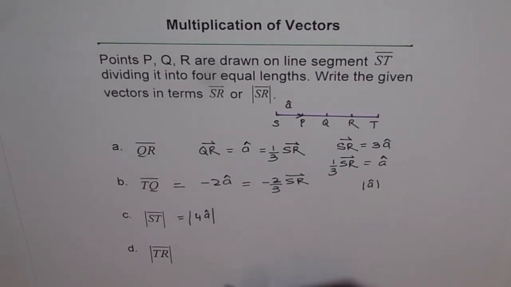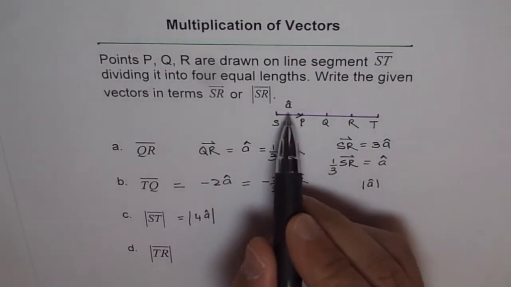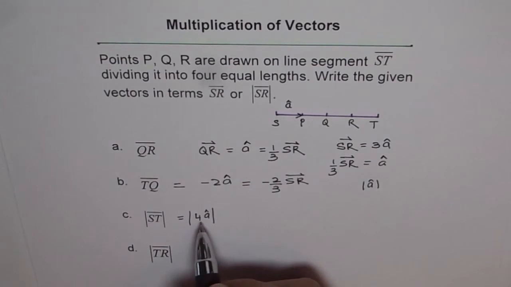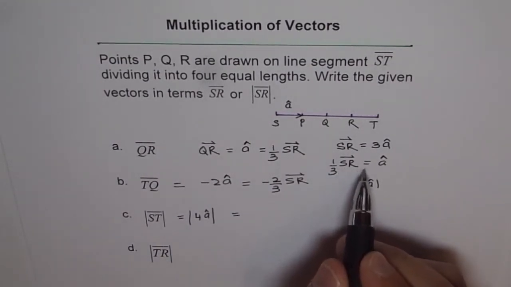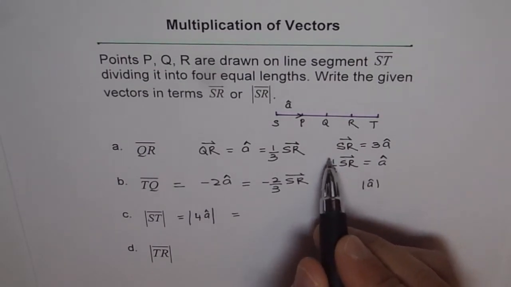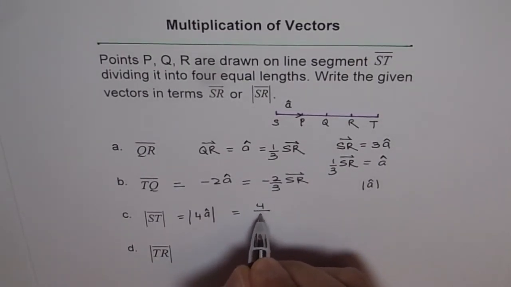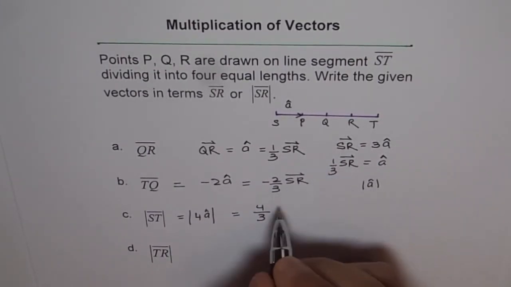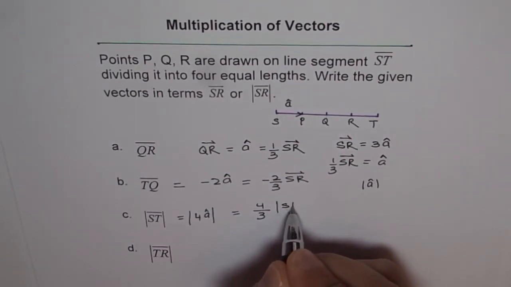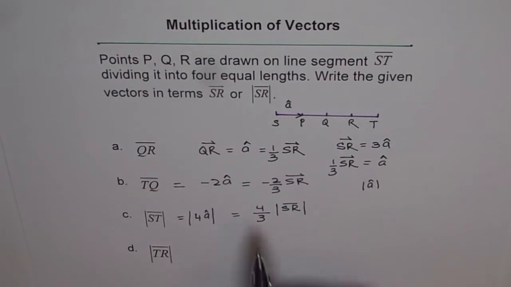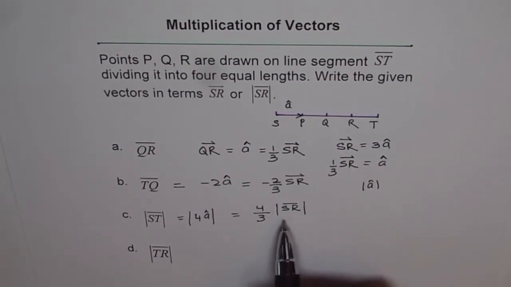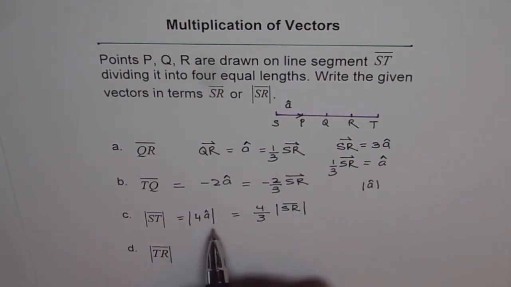So magnitude of 4A is 4 times magnitude of A, which is 4/3 of magnitude of SR. That gives me the magnitude of S to T.